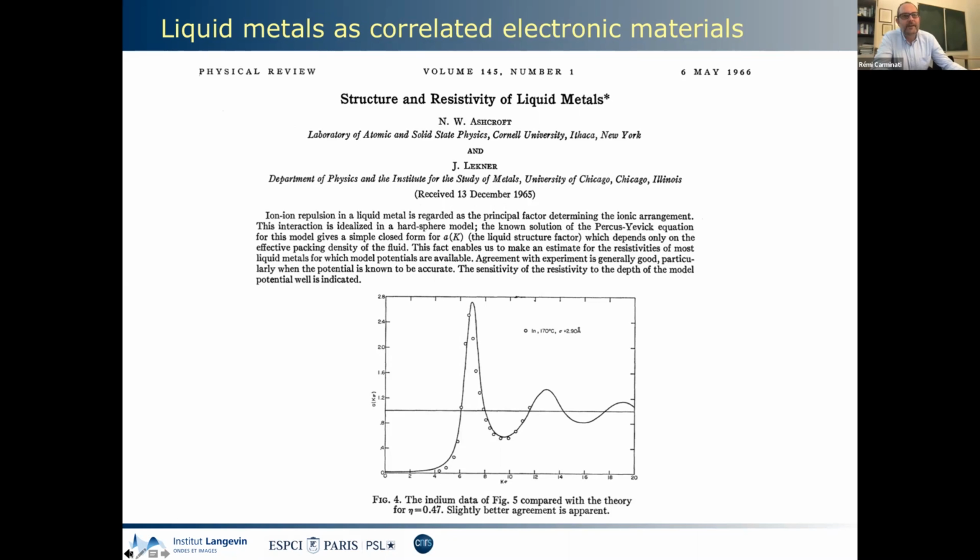People were expecting that in a liquid metal, since you don't have the crystal and the usual band structure, electrons would be scattered so much that the resistivity would be very large. Then they measured and found the resistivity was much lower than the naive argument, which assumes complete disorder and diffusive propagation of electrons, giving the usual Ohm's law. The reason is that it's not completely disordered. You have a structure factor that you see here, and when you compute the mean free path correctly, you fit the data.